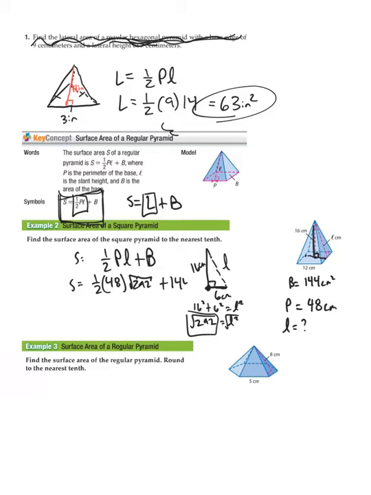I'm going to my calculator again. 24 times square root 292 is 410.11, plus 144. That's going to be equal to 554.11. Units were centimeters squared. That is the surface area.